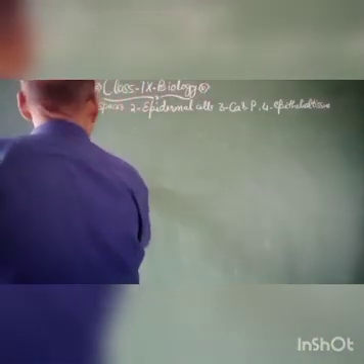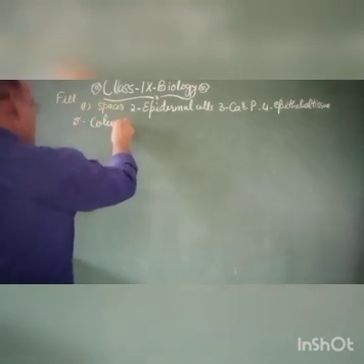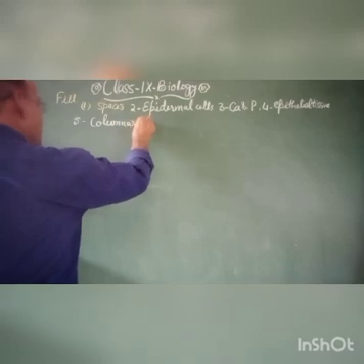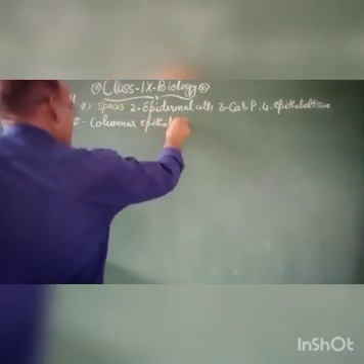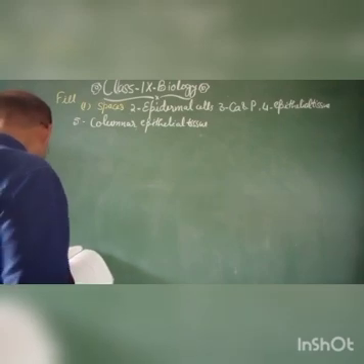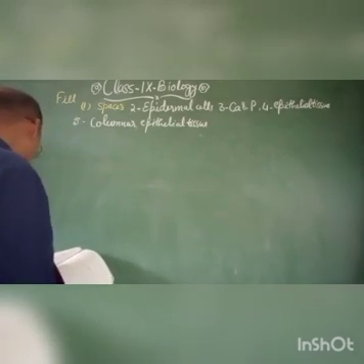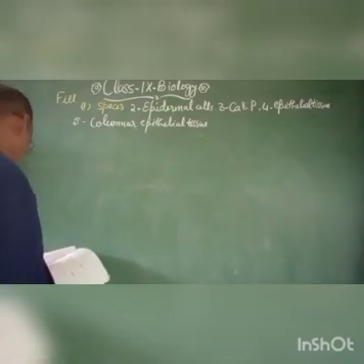So in the fifth blank, columnar epithelial tissue. Or you can say that these are the villi.